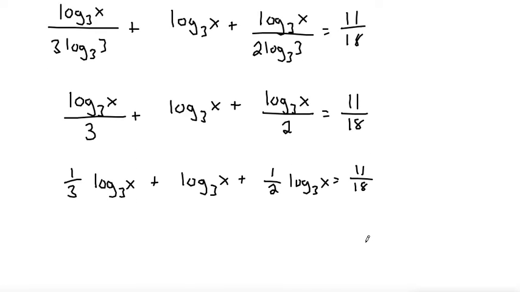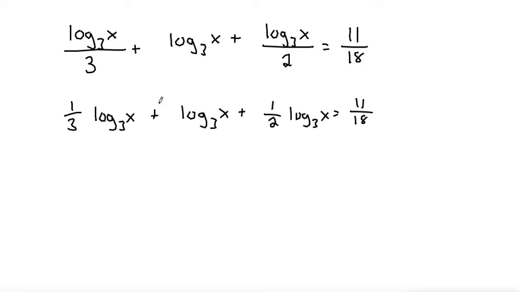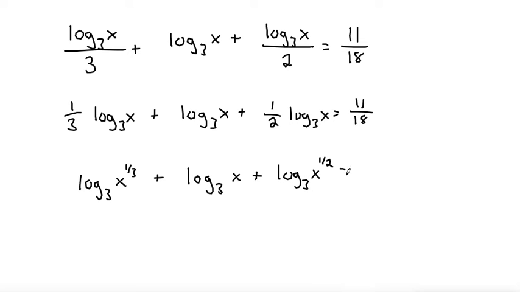Now let's use the rule that we used before, but in reverse, of kicking the coefficient back to the exponent. So that will be log base 3 of x to the power of 1/3 plus log base 3 of x plus log base 3 of x to the power of 1/2 is equal to 11 over 18.